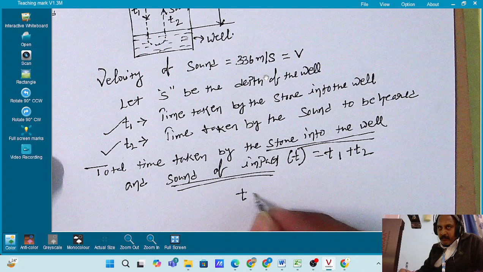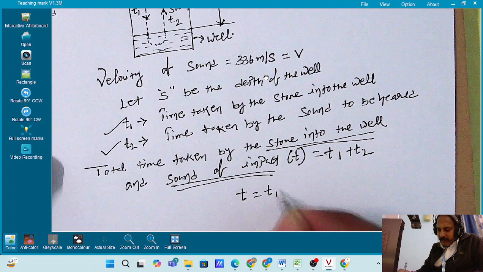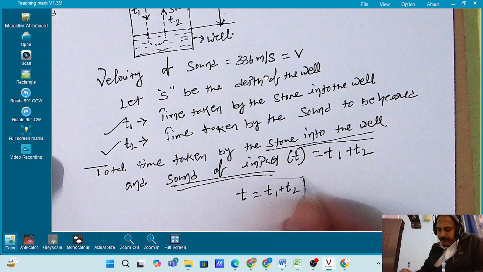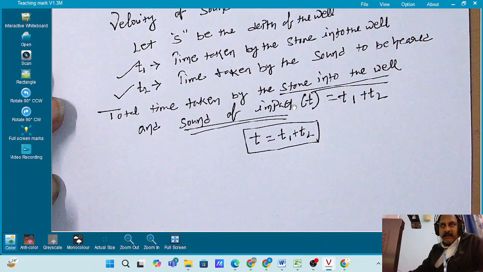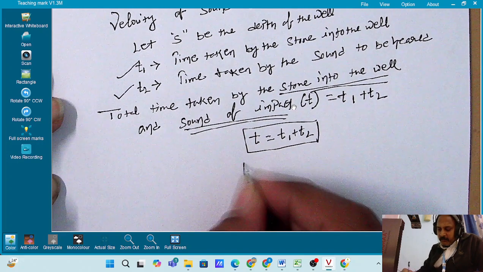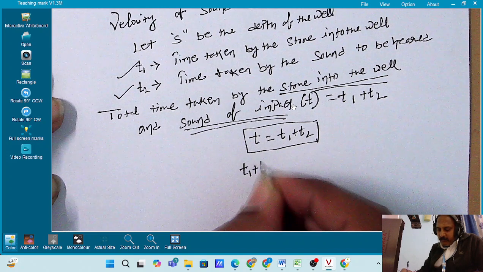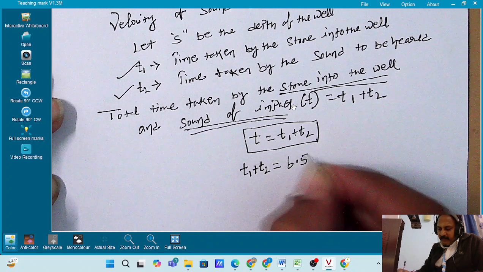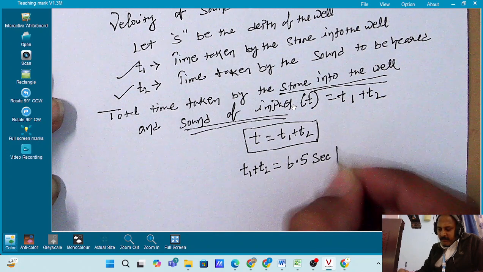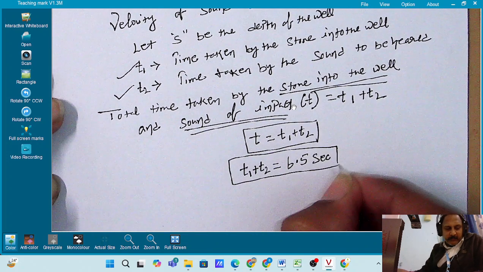So t is equal to t1 plus t2, which is 6.5 seconds. This is the important equation.